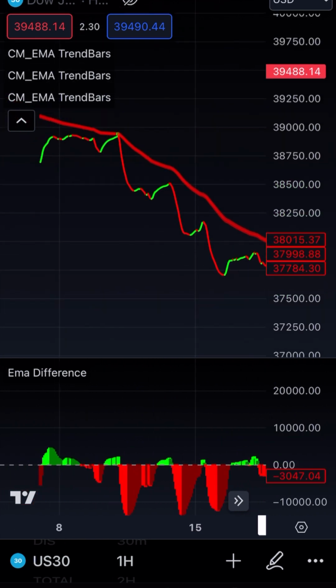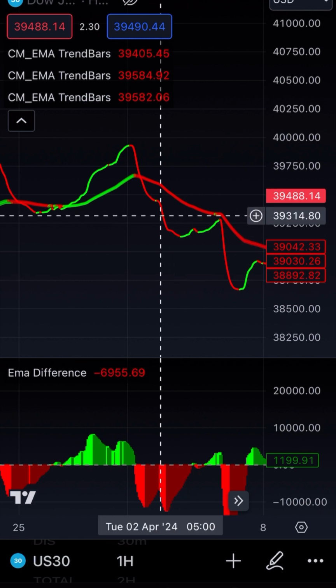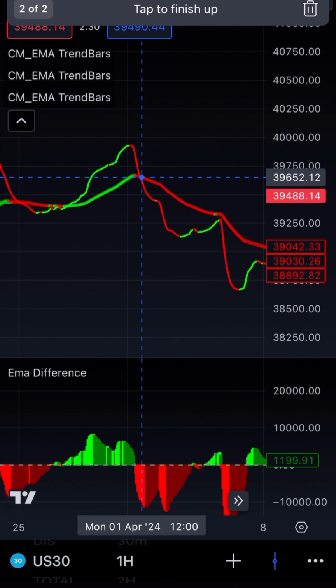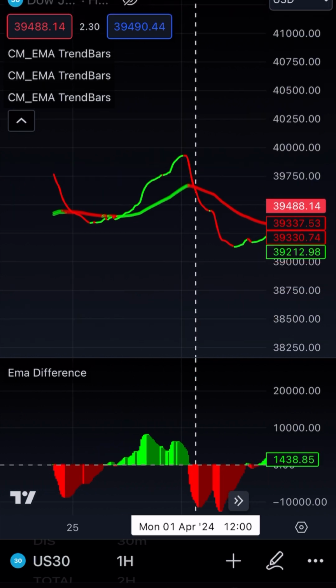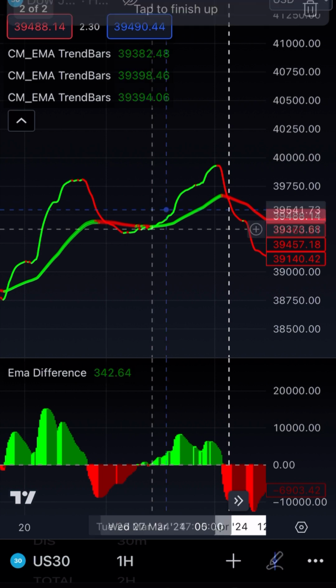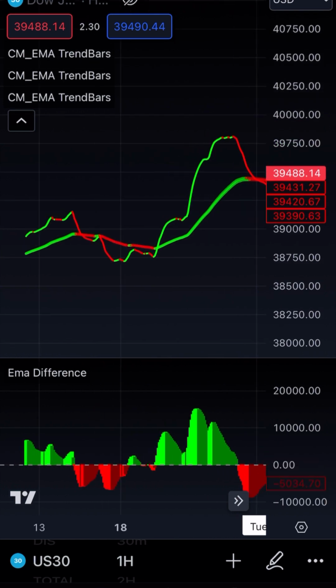Right there. Look at a couple more. Crosses right here. This is a big one. Crosses right here. Cross right there.